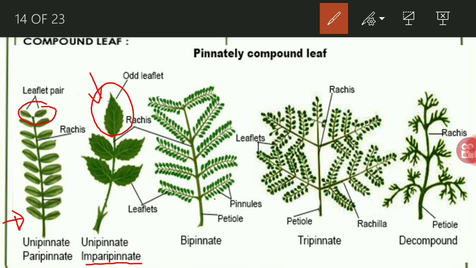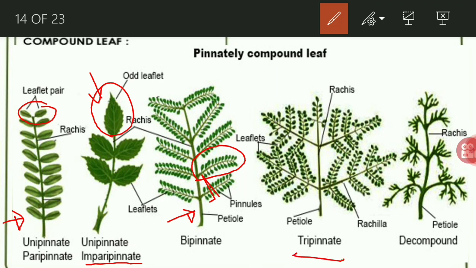As you can see in this picture, this is the main rachis, and on it a secondary rachis has grown, which bears pinnately compound leaves, making it double pinnate. Hence, this is called a bipinnate leaf.